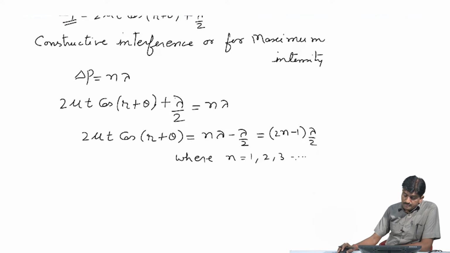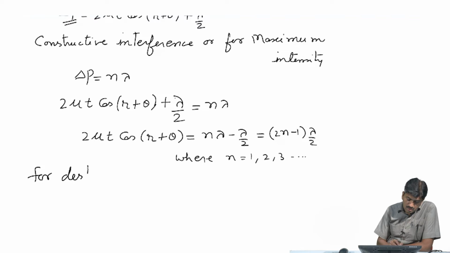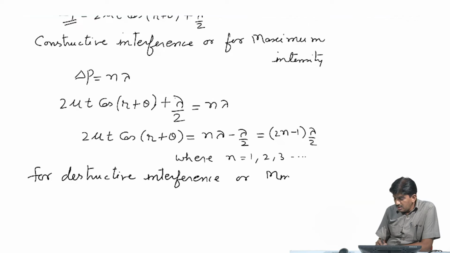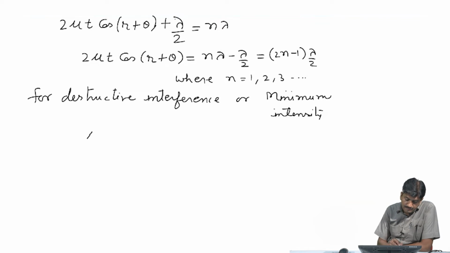And for minimum intensity, for destructive interference, delta p should be twice (n plus 1) lambda by 2. This is for minimum intensity.